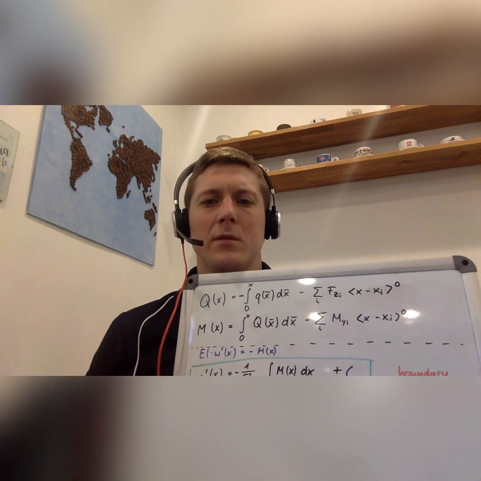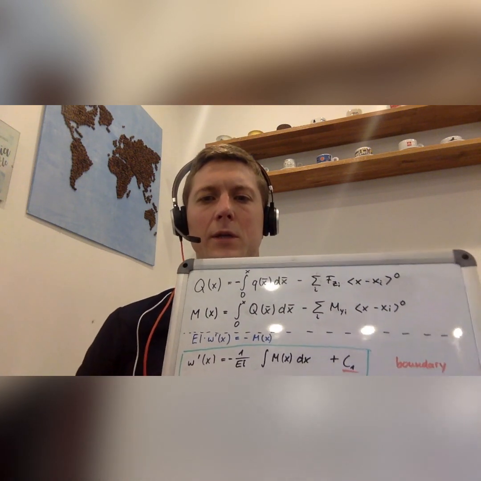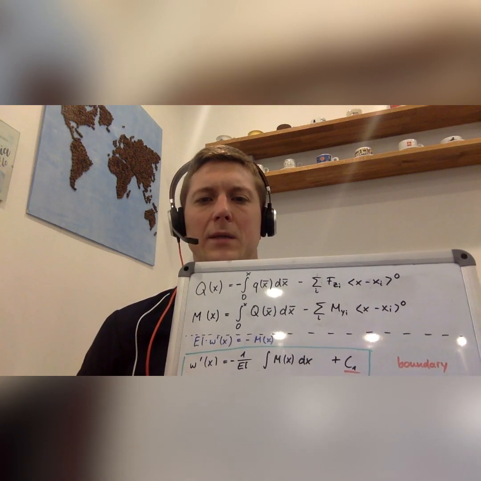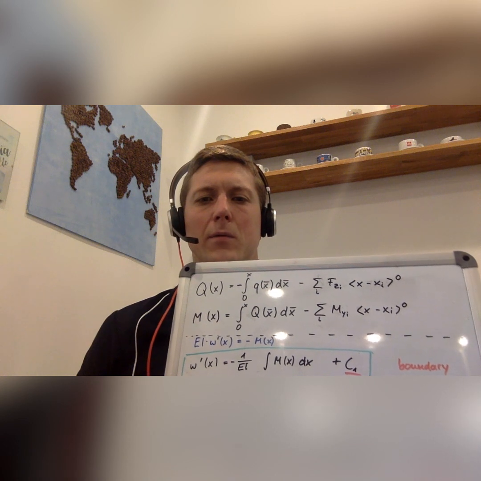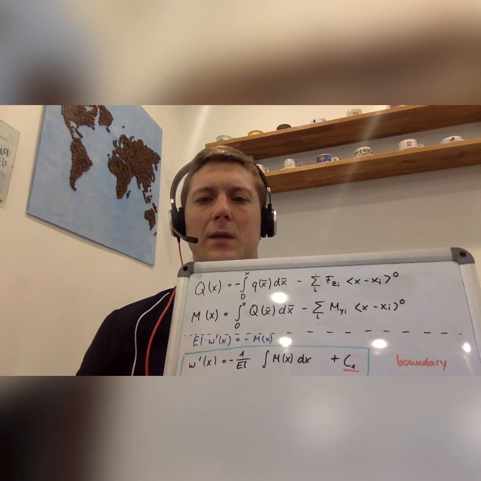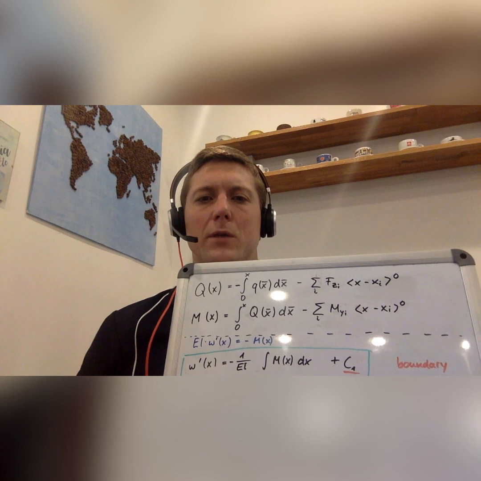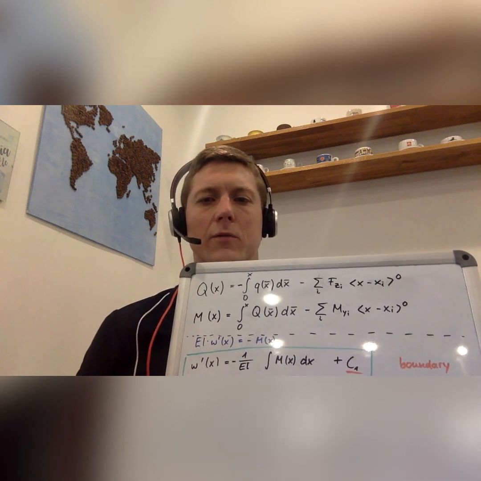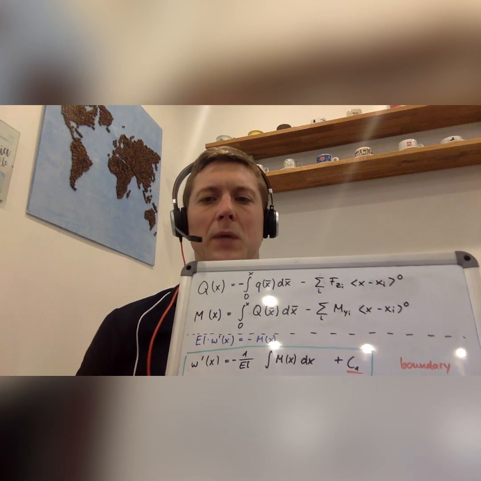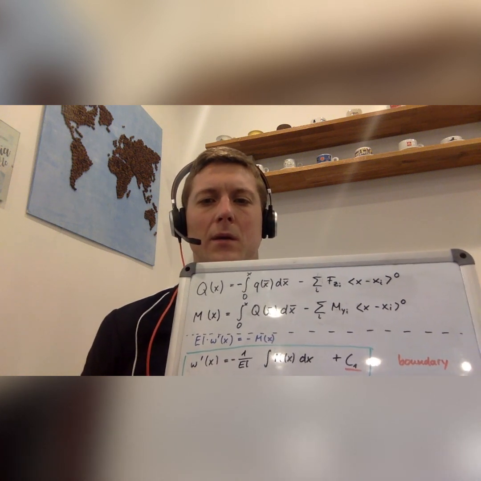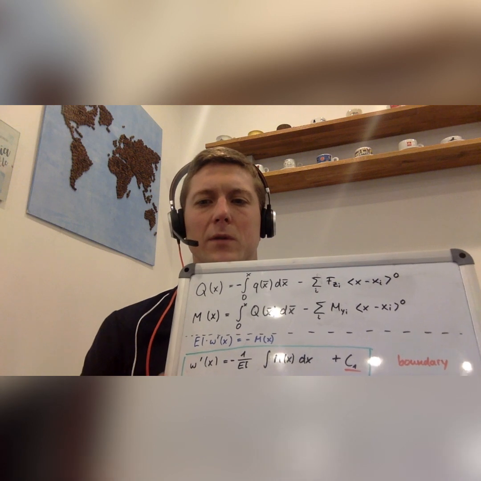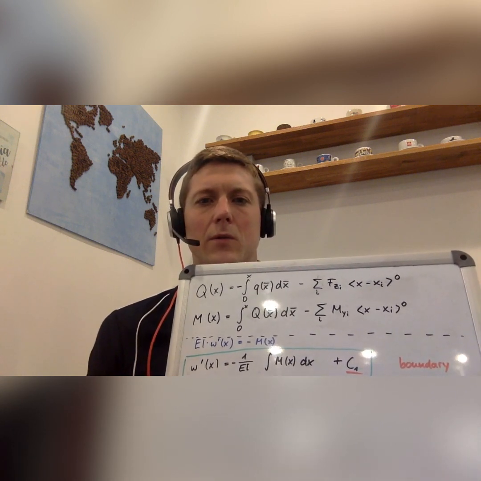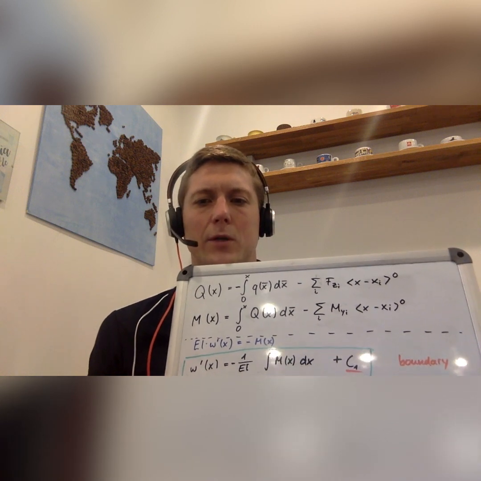And this is then just one integration method where we have this w'(x) equals minus 1 over E I, and then we have in this case an indefinite integration, in contrast to the definite integration we had for integrating over the line load or the shear force, M(x) dx plus c1. As I use indefinite integration here, I need of course this c1, which is an integration constant and has to be determined out of the boundary conditions.